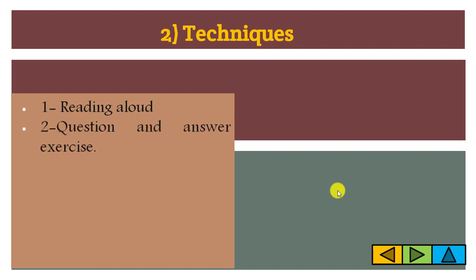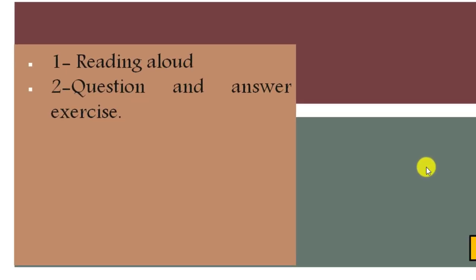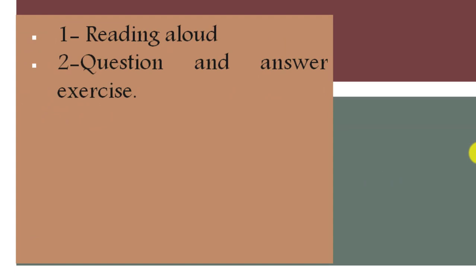The second technique is the question and answer exercise. As a teacher, you ask your students questions and they answer in full sentences so that they practice new words and grammatical structures. It should be noted here as well that this exercise is conducted only in the target language.